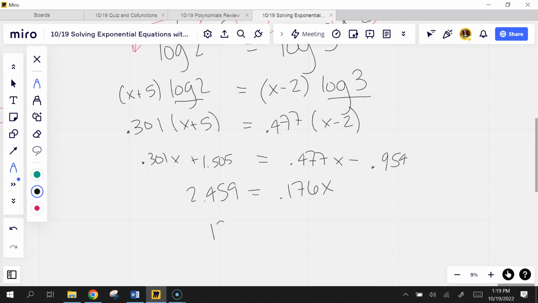That's what I got. That's what I got too. I got like 4. All right, so I added the 0.954.